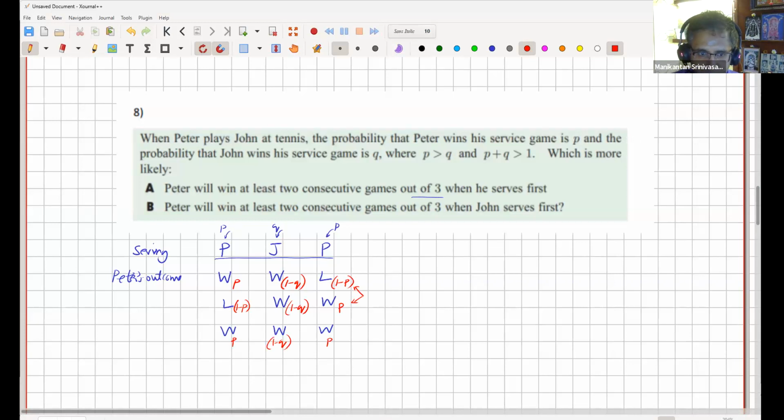Now we add all of these probabilities. Let's see what they all add up to. When you add all of them, I think I can take P and 1 minus Q common outside of everything.